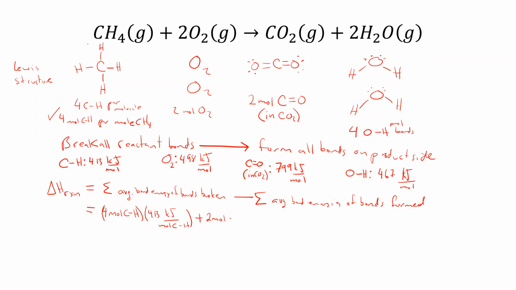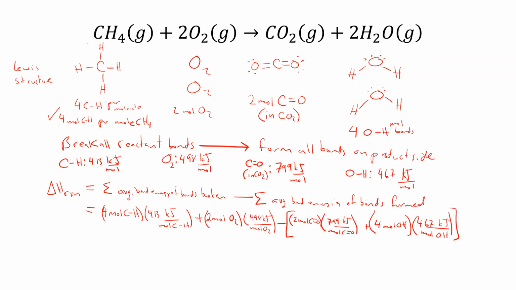So here we have 2 moles of O2 times 498 kilojoules per mole of O2, minus 2 moles of C double bond O at 799 kilojoules per mole of CO, plus 4 moles of OH times 467 kilojoules per mole of OH. Okay, and we just do the math from there. It should be fairly straightforward.